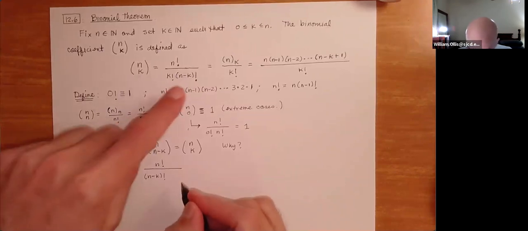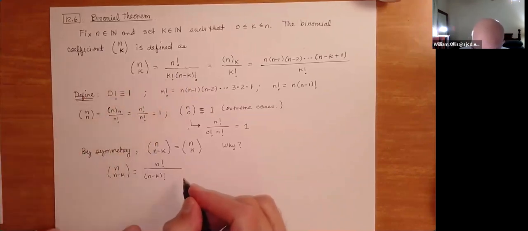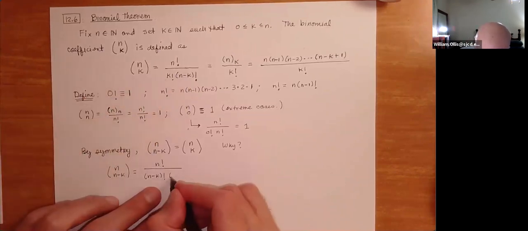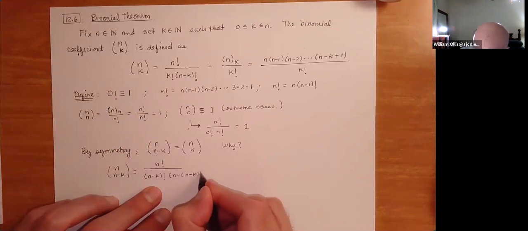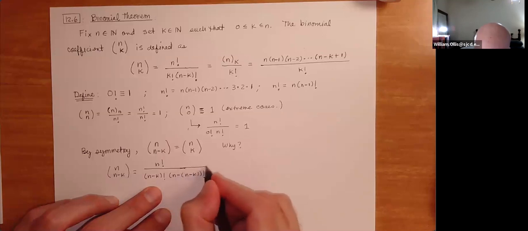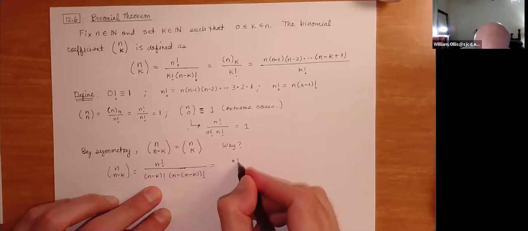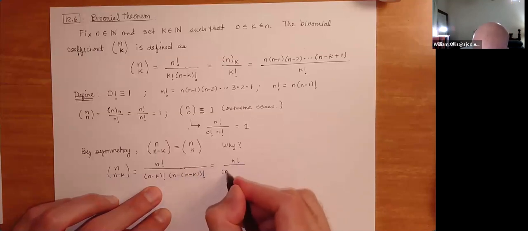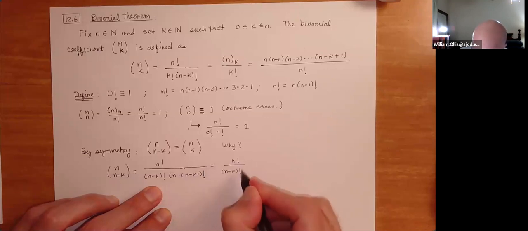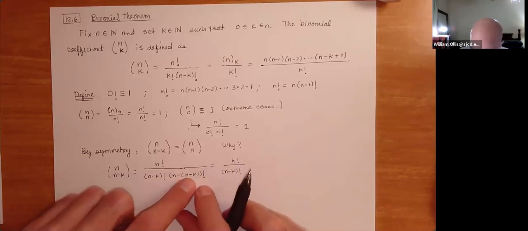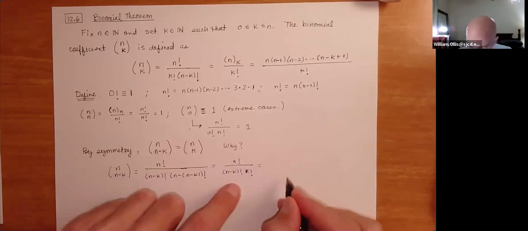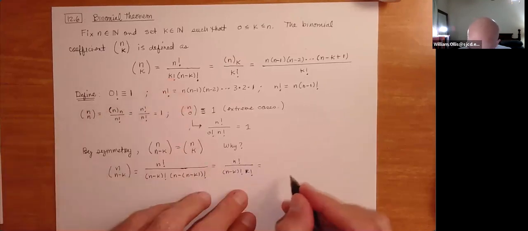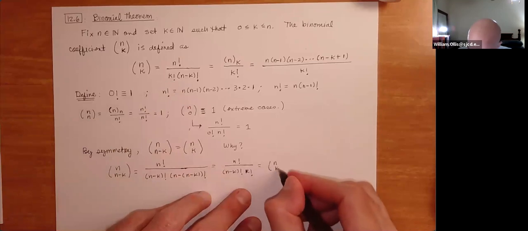But now, of course, n minus k is just k. Well, let me just write it down. N minus k factorial. So this is n factorial, n minus k factorial. And of course, now the n's absorb and we have a minus k, so that's k factorial right there. So that's exactly this. You can commute real numbers. So this is exactly n choose k.